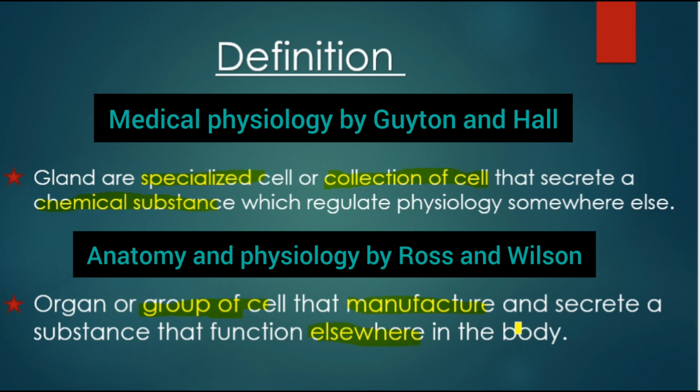According to both of these definitions, glands are located in some part of the body where they synthesize and secrete some chemical substance.